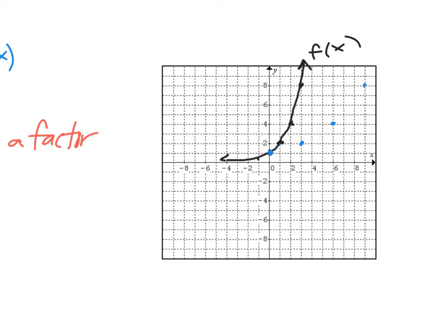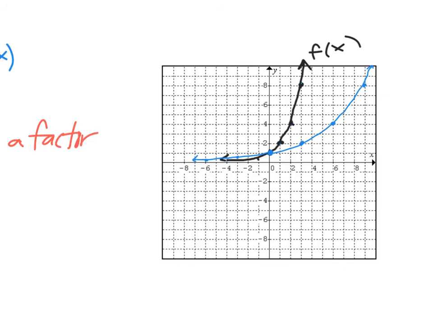At negative 1.5, I'm now going to be at negative 3.5. And then negative 2.25 will now be at negative 6.25. And then we can connect to get this horizontally stretched exponential function.